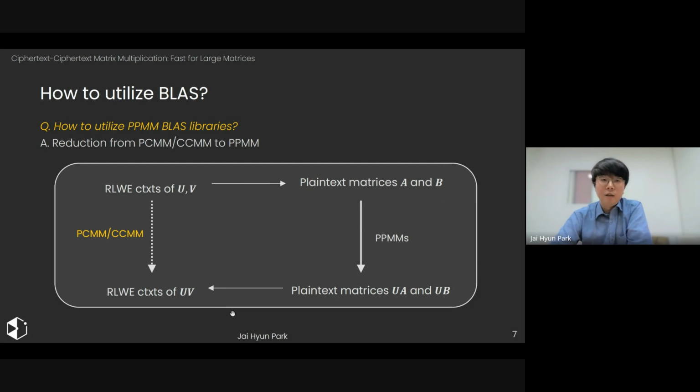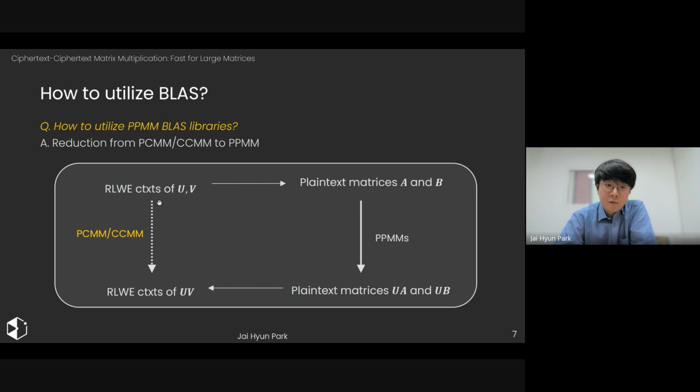and we do several PPMMs, and we go back to the ring LWE ciphertext again. By following this strategy, we can expect that PCMM and CCMM should not be slower than several PPMMs, up to small constant factors. This conversion should also be minor compared to PPMM.